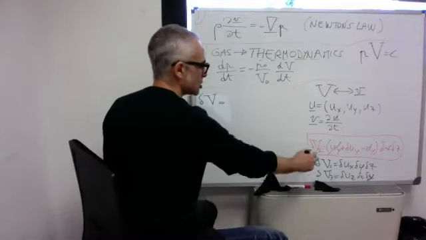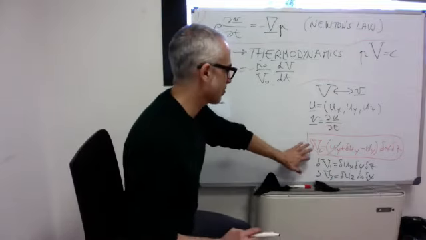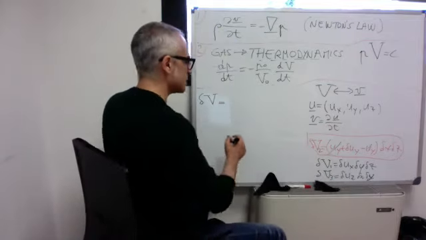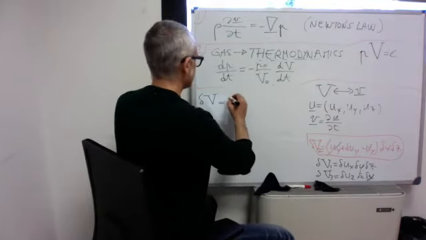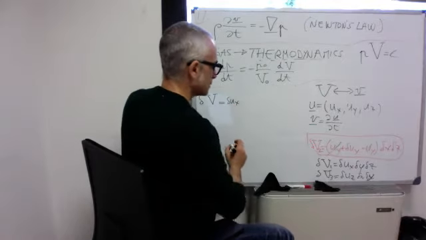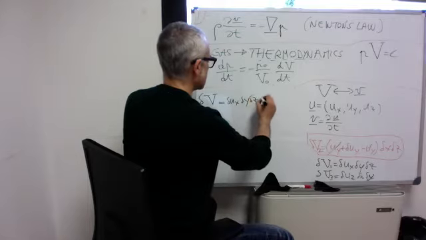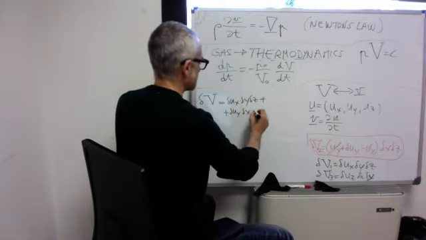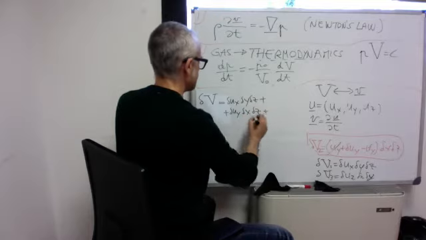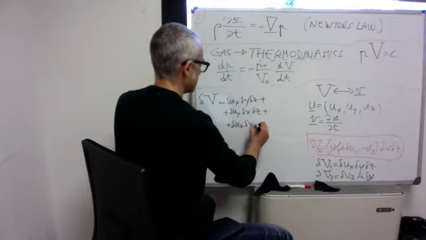So the total change in volume is just the sum of these three differential volumes here, that is delta ux times delta y delta z plus delta uy times delta x delta z plus delta uz times delta x delta y.